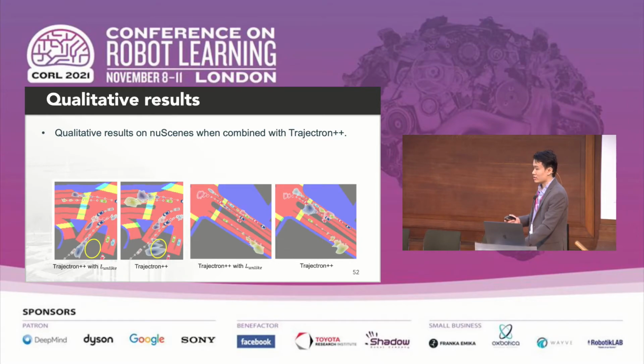And our loss helps alleviate this issue. Besides, the prediction of the green vehicle above goes to the lane with the wrong direction when our loss is not used. And our loss helps avoid this violation too. A similar observation is also shown in the right example. Our loss helps reduce the context-violating predictions.